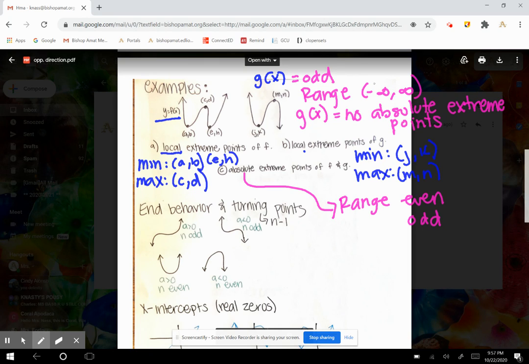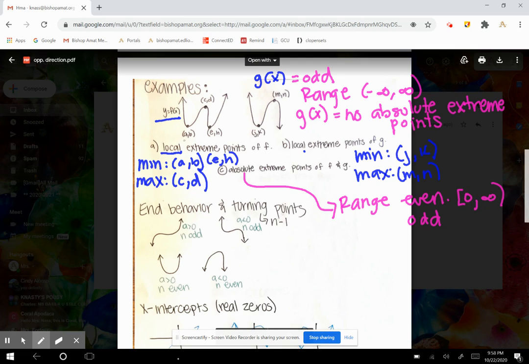Because our range is all real numbers, negative infinity to positive infinity. Okay, but let's look at f of x. Since it's an even graph, the range is usually zero. I'm sorry, your range is usually 0 to positive infinity.